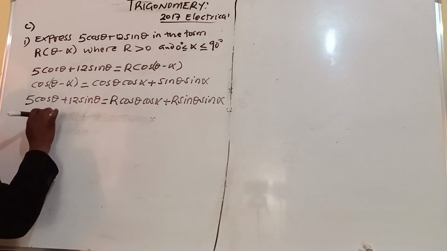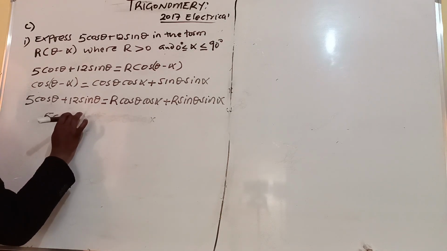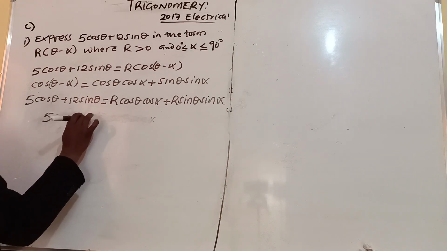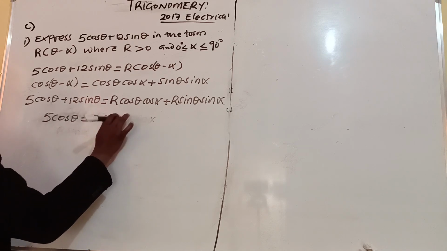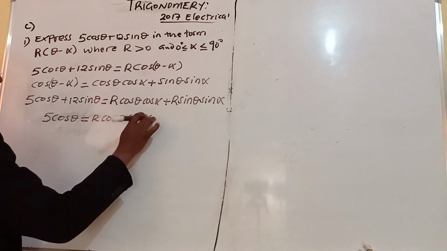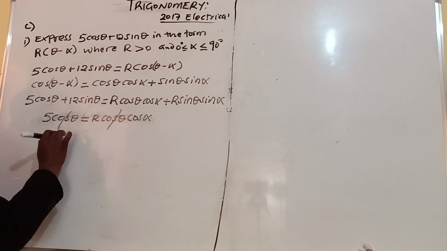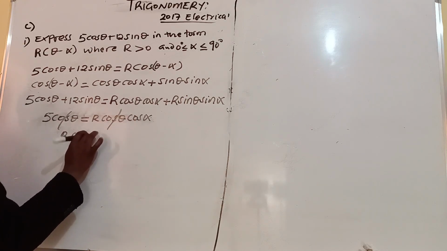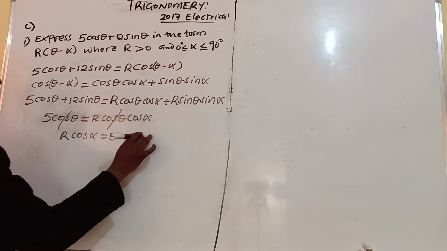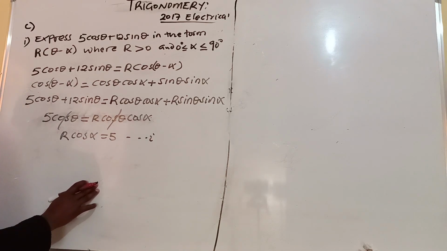We have 5 cos theta is equal to R cos theta cos alpha. Cancel out the cos theta. We have R cos alpha is equal to 5. Call this one equation 1.